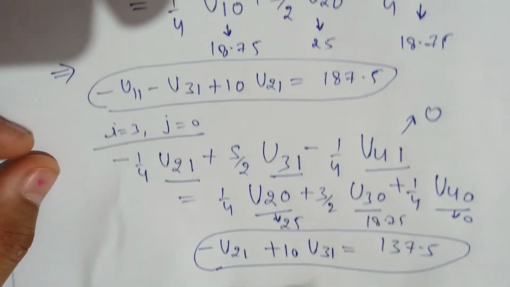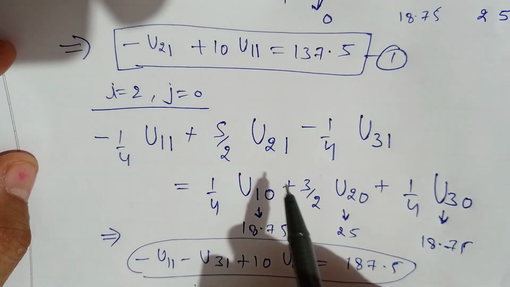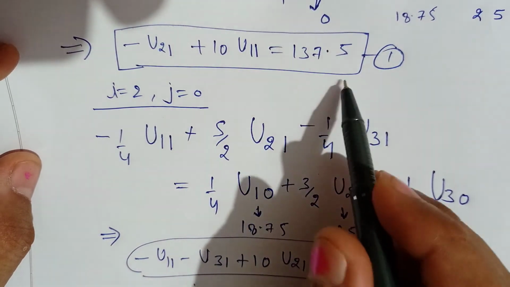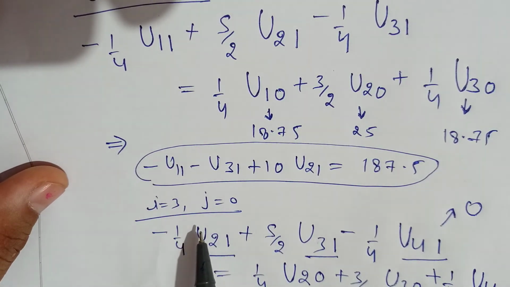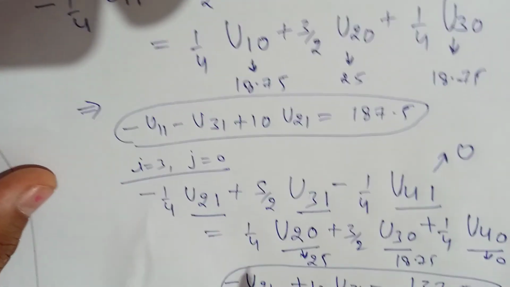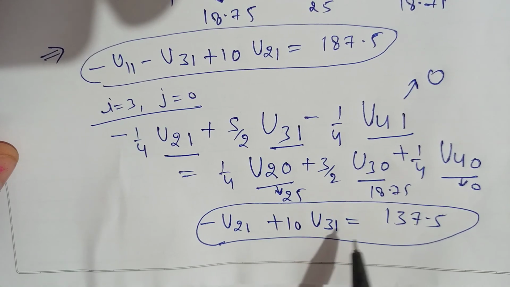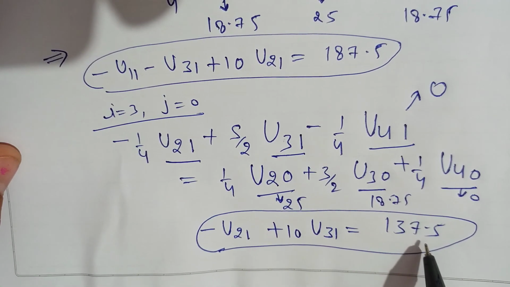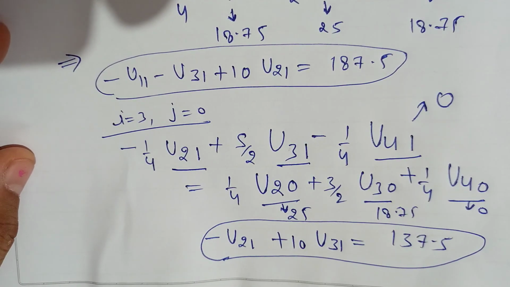So these are the three equations: minus u21 plus 10 u11 equal to 137.5, minus u11 minus u31 plus 10 u21 equal to 187.5, and minus u21 plus 10 u31 equal to 137.5. We have three equations and three unknowns.